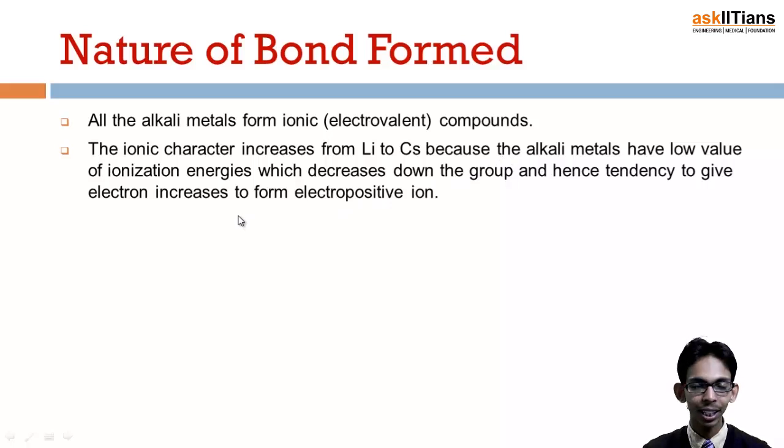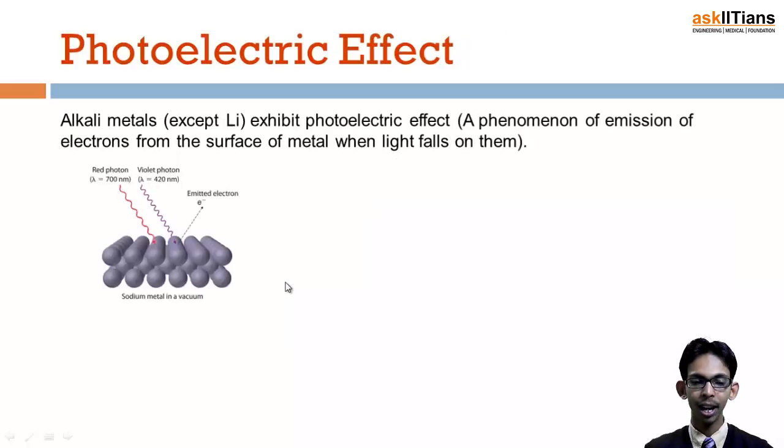They can easily release an electron which can easily be accepted by a non-metal like a halogen, and that's why most of the compounds are ionic or electrovalent. This ionization energy decreases down the group, and hence the tendency to give electrons increases to form electropositive ions.